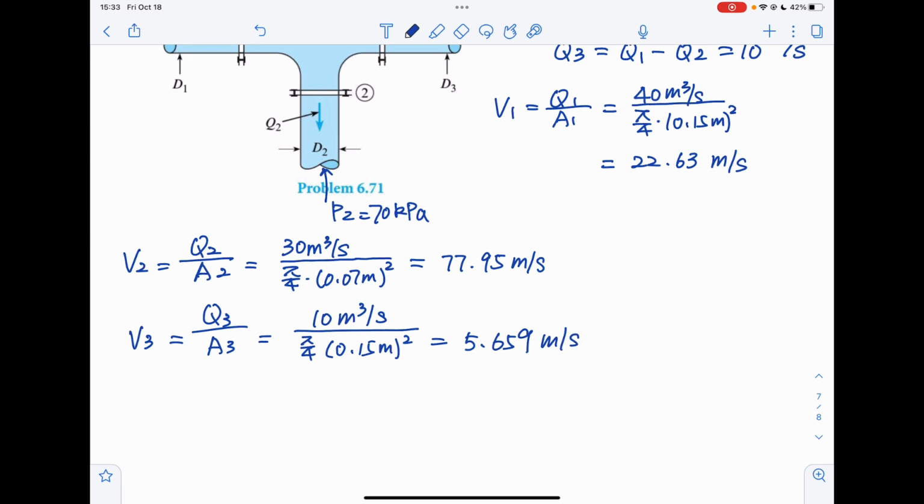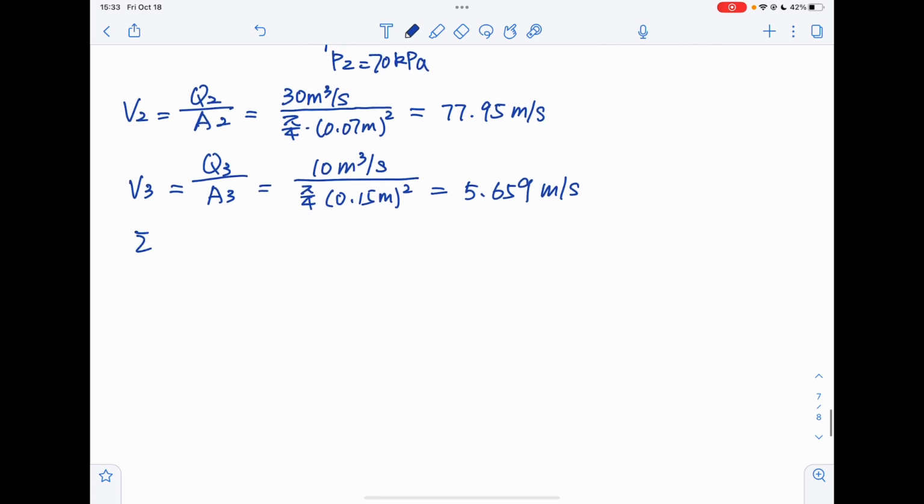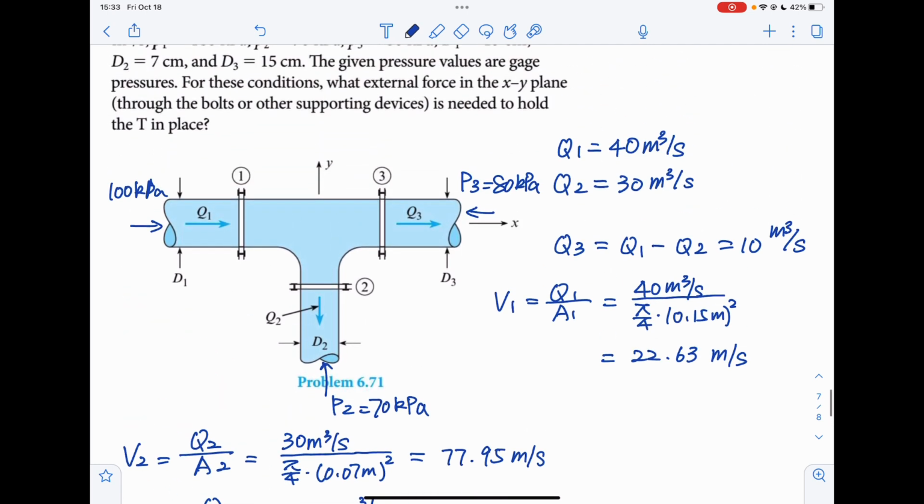Then we can use the momentum equation in the x direction. The sum of the forces equals the mass flux change. So the forces include Fx and the pressure. P1 is acting in the positive x direction, and P3 is in the negative x direction.